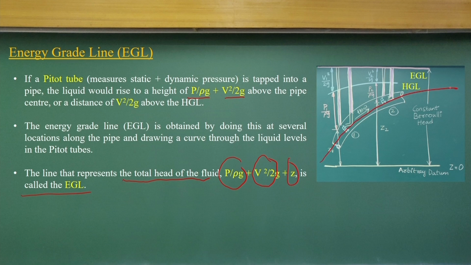Whenever we draw a streamline, we can compute the energy gradient line and the hydraulic gradient line. Again, I can repeat that the energy gradient line should have some slope, so the flow will be from the higher energy level to the lower energy level. The energy gradient and the hydraulic gradient may differ, that is not a big problem, but the flow goes from high energy level to low energy level.